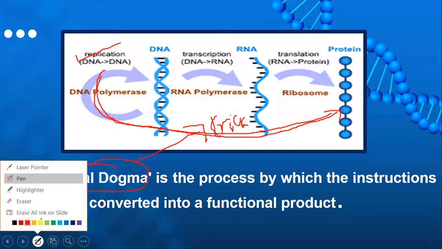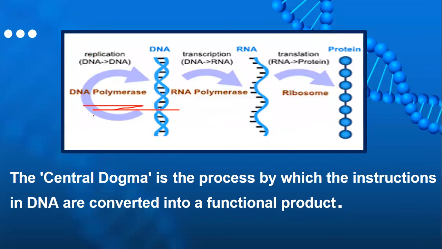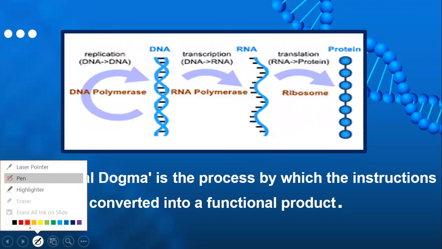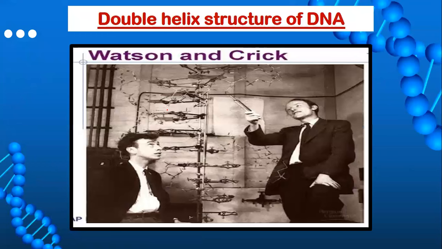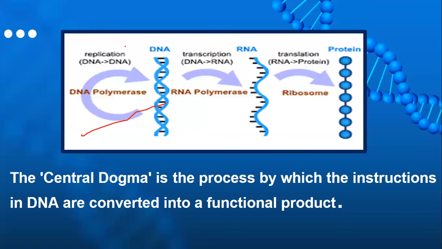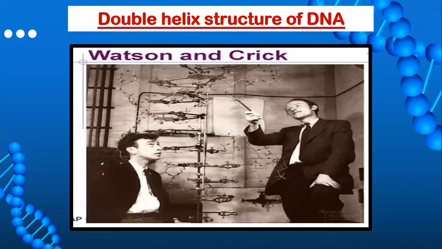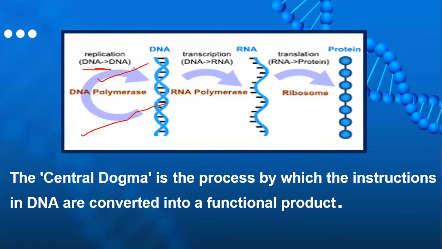What did Crick say? Crick said that the process by which information moves from the DNA to the protein level is called the central dogma. Don't get confused with that point. So now, what is our first step in the central dogma? That is the synthesis of DNA. Don't think that the synthesis of DNA is an easy process. It is a very complicated process. Compared to DNA synthesis, RNA synthesis is more difficult.